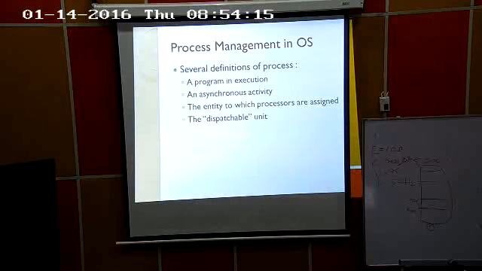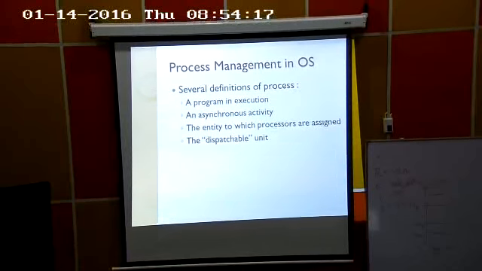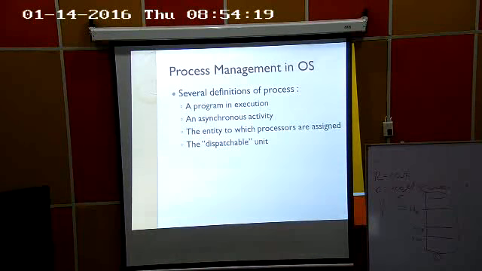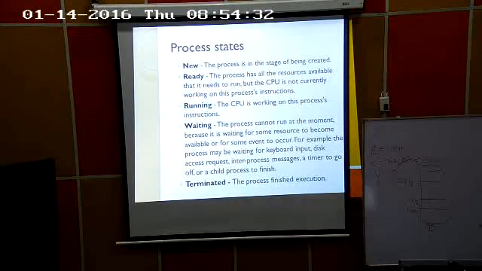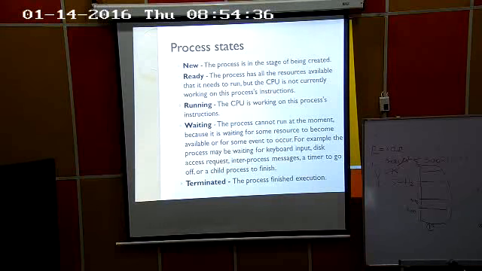Okay, in process, since the definition can be either a program in execution, and the activity is asynchronous and depends on the processor and is modular, you have the concept of process state.